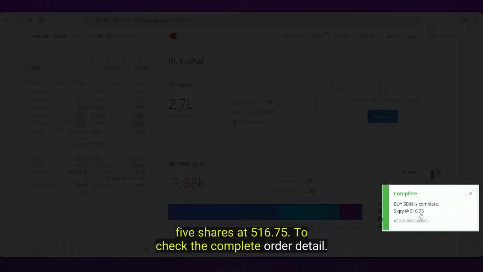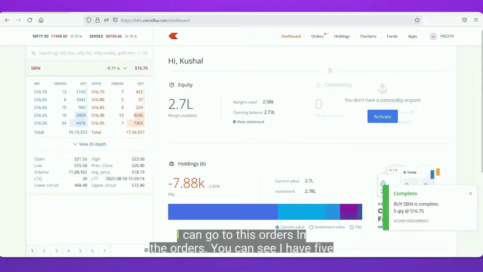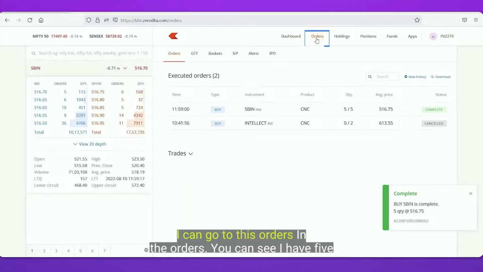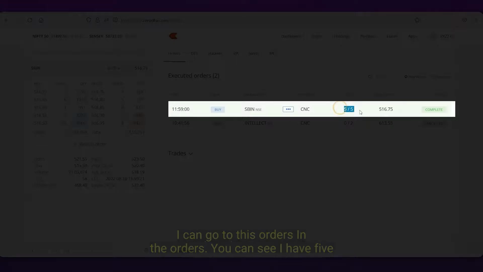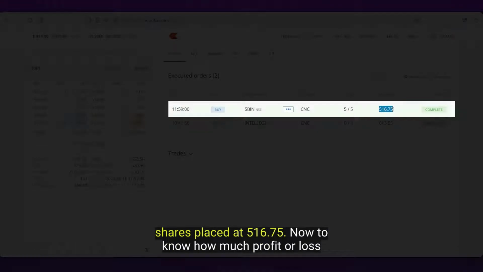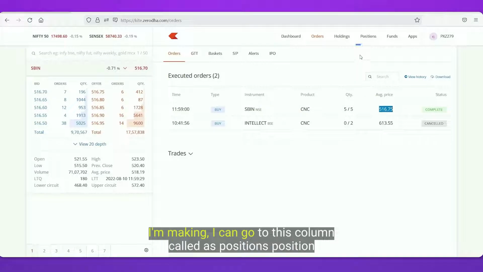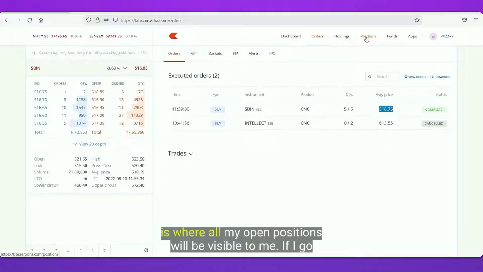To check the complete order detail, I can go to this orders. In the orders, you can see I have 5 shares placed at 516.75. Now to know how much profit or loss I am making, I can go to this column called positions. Position is where all my open positions will be visible to me.